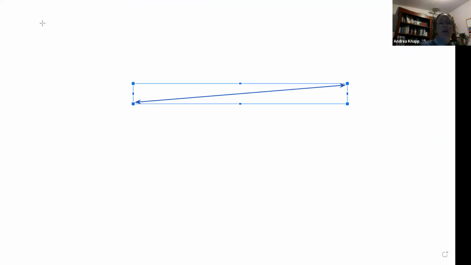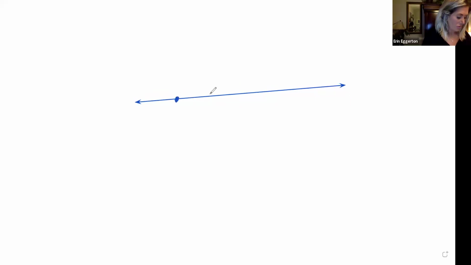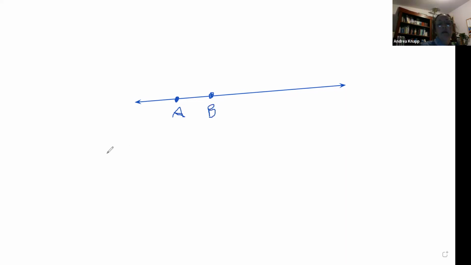Now that one, you can play with the numbers, but to me, that one made sense just by looking at the geometry of it. Let's say we have 2 points, A and B. If we have 2 points, how many different rays can I name with just 2 points?